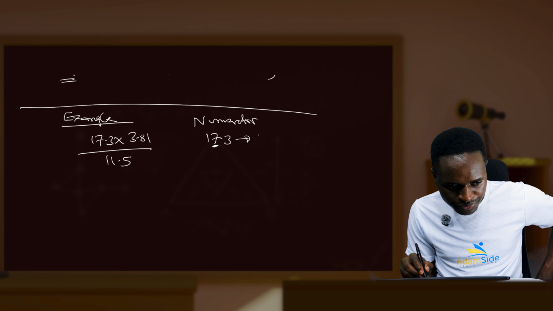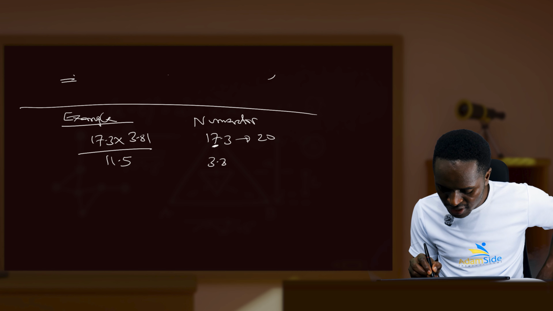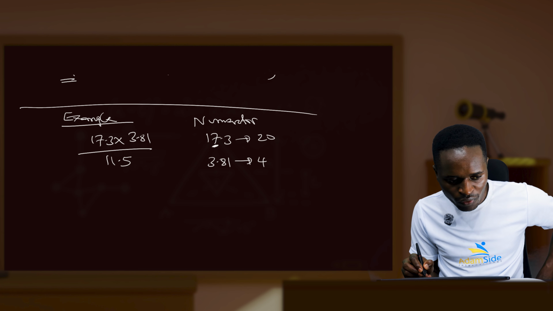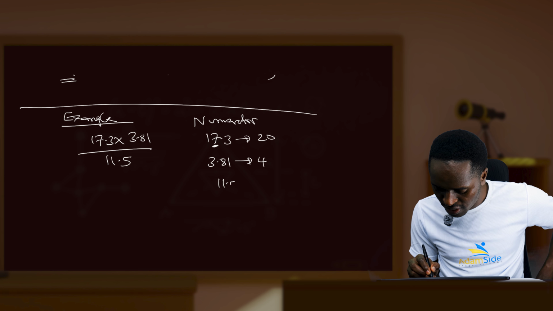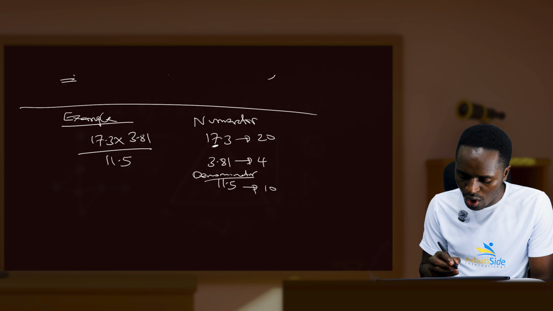So the answer will be 20 to one significant figure, and then 3.81 estimated to one significant figure will be 4, and then 11.5 in the denominator will be 10.